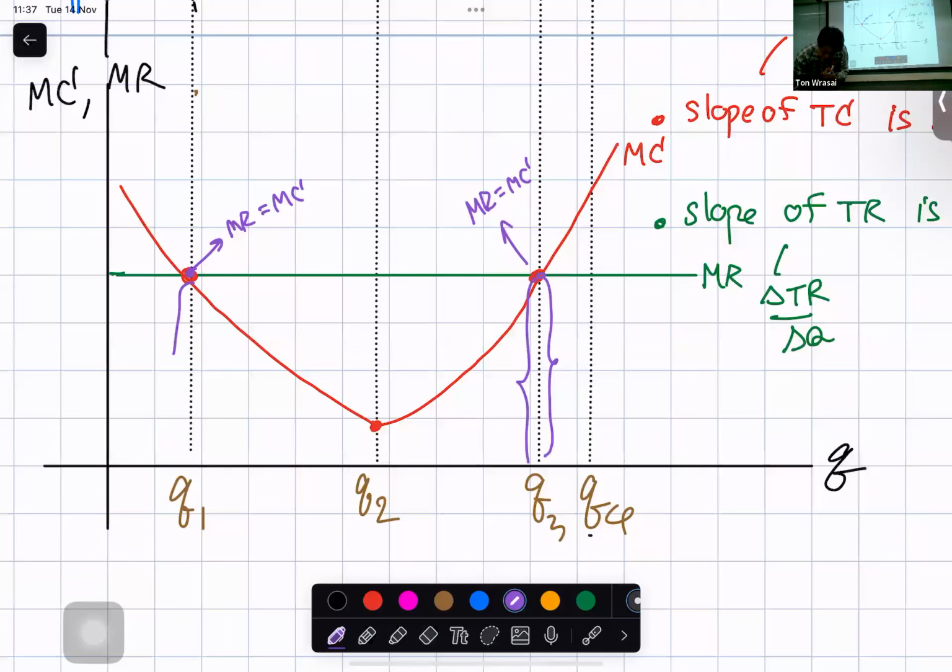Check the height of the two curves here. When we argue that at these two crossing points marginal revenue shares the same number as marginal cost, look at the height of the two curves evaluated at Q1: same height. MR equals MC at two places here.